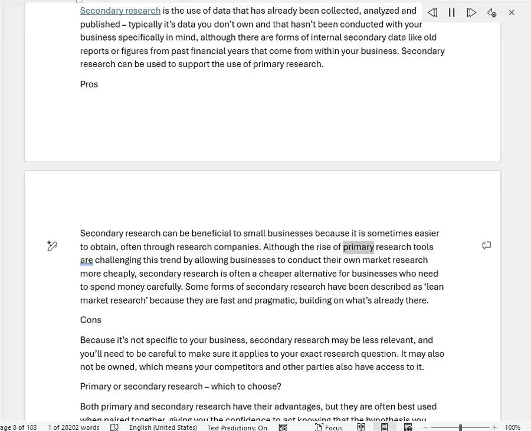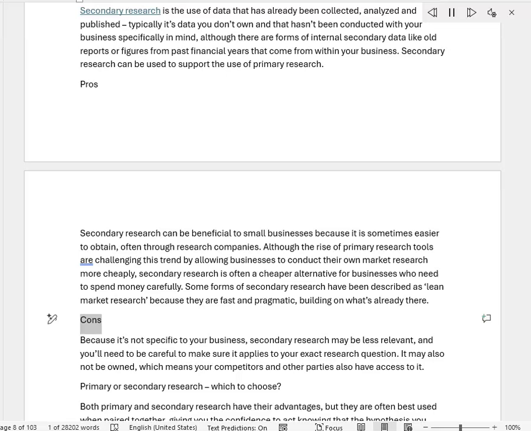Although the rise of primary research tools are challenging this trend by allowing businesses to conduct their own market research more cheaply, secondary research is often a cheaper alternative for businesses who need to spend money carefully. Some forms of secondary research have been described as lean market research because they are fast and pragmatic, building on what's already there.